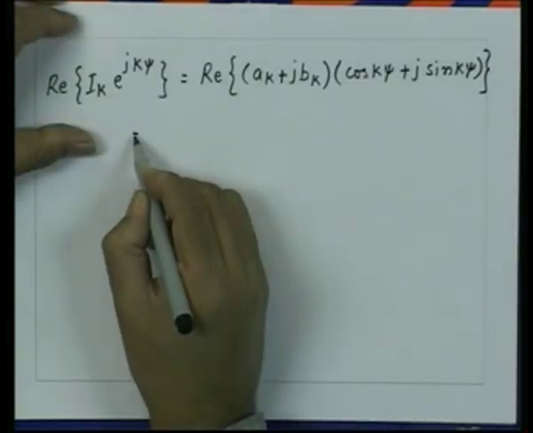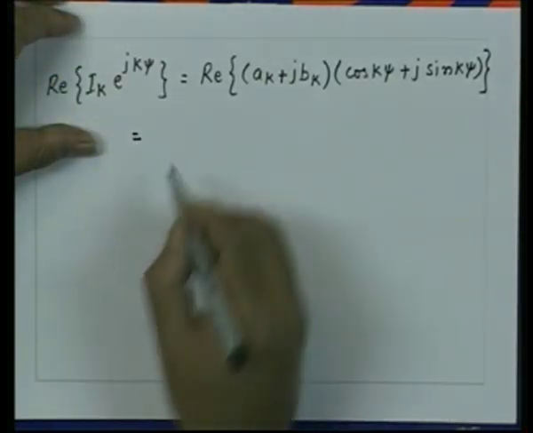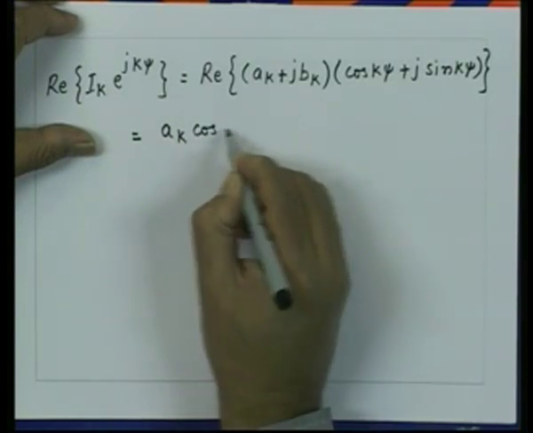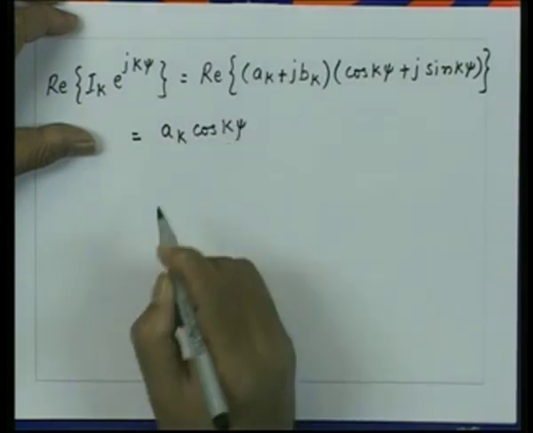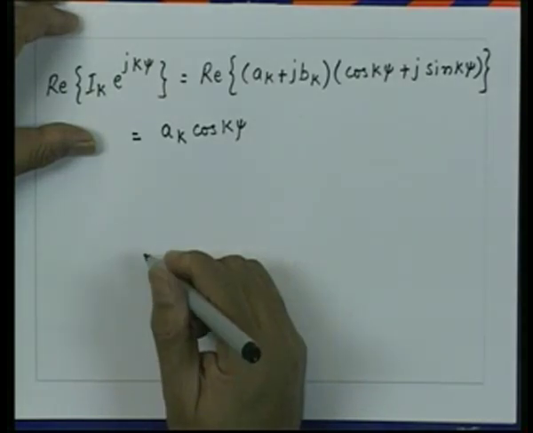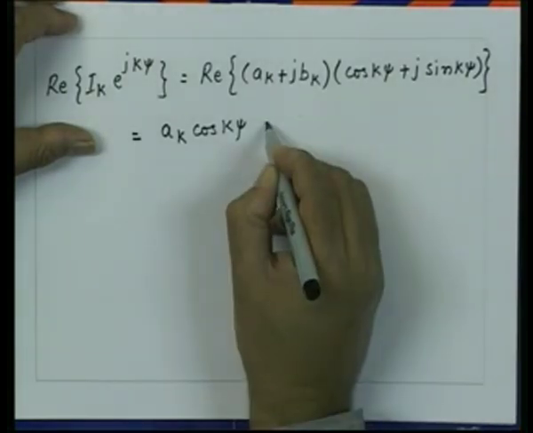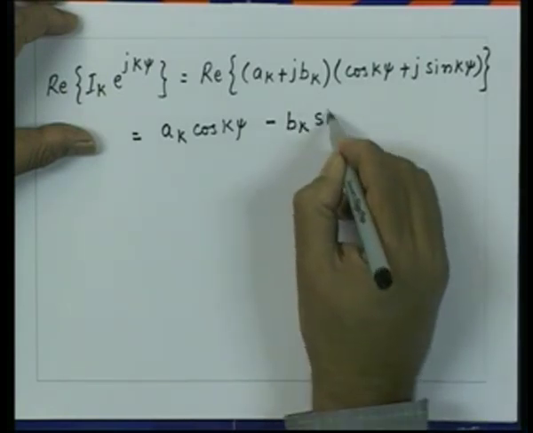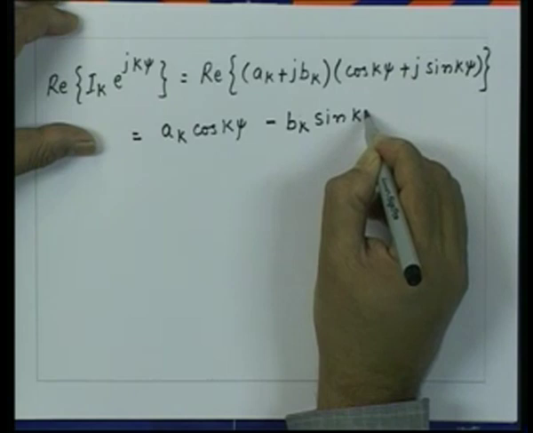So, that is equal to ak cosine of k psi minus bk sine of k psi.